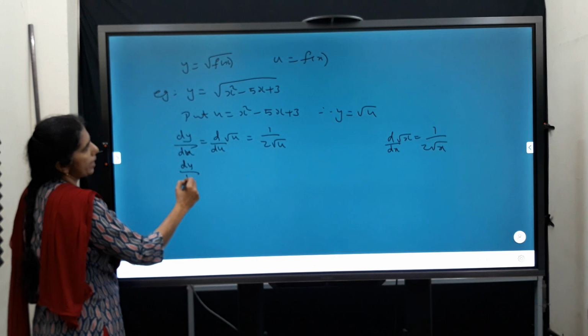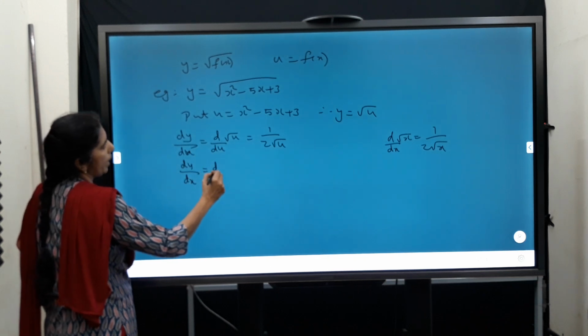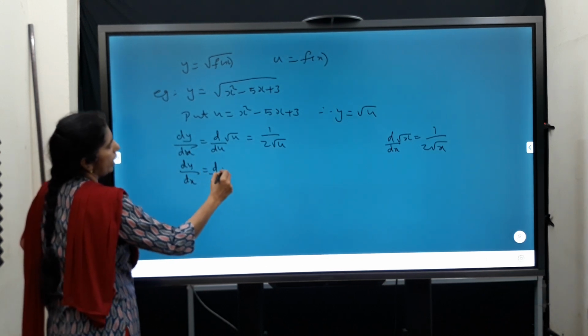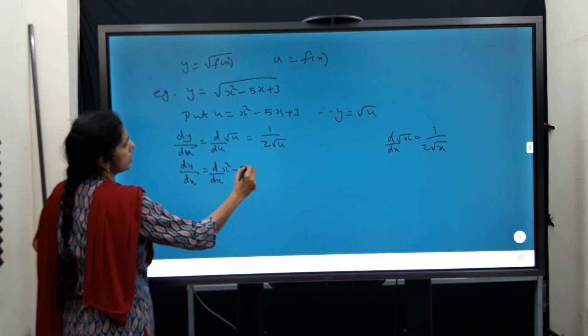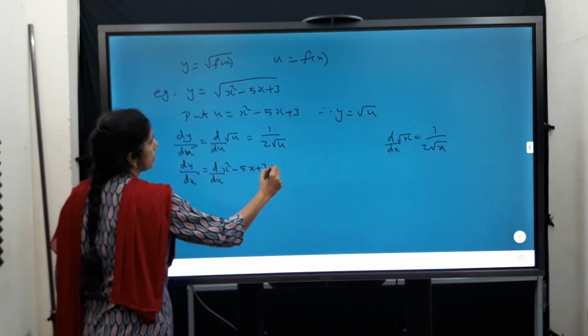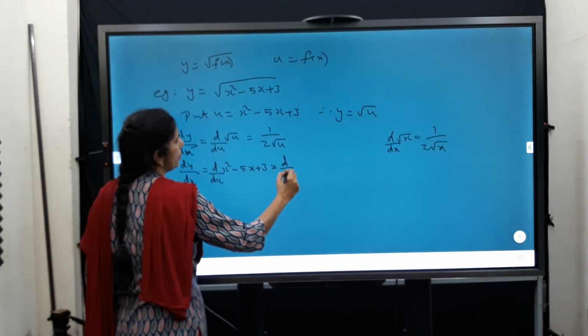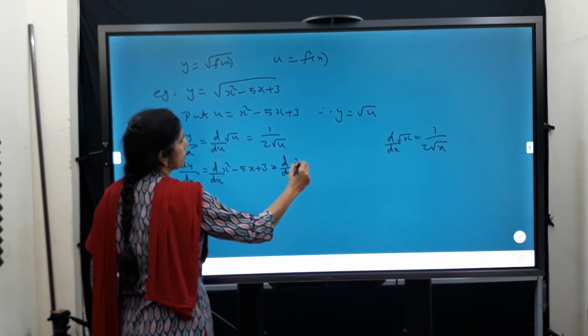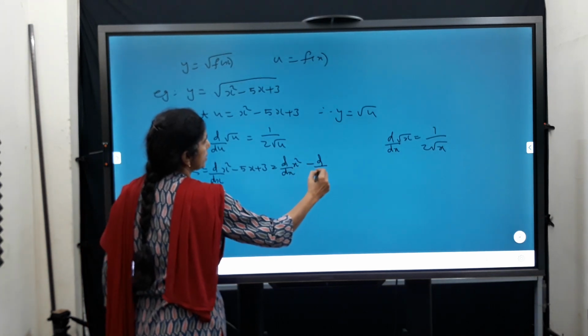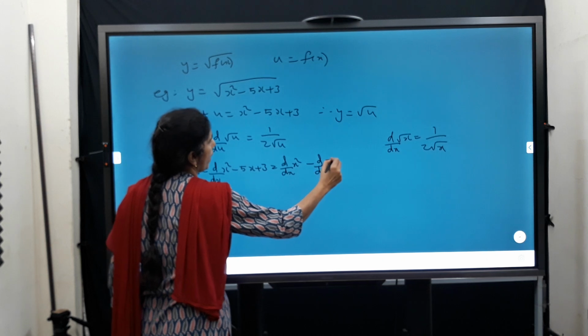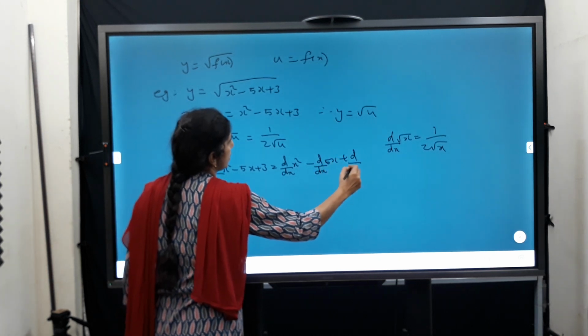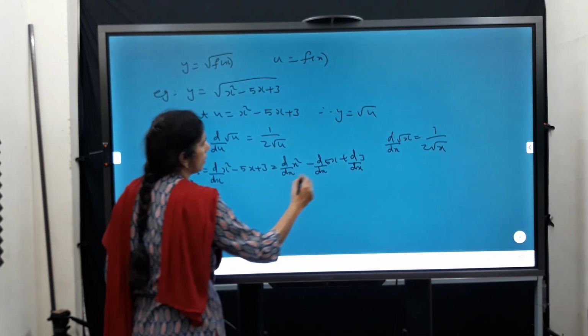And du by dx equals d by dx of x square minus 5x plus 3. That is equal to d by dx of x square minus d by dx of 5x plus d by dx of 3.